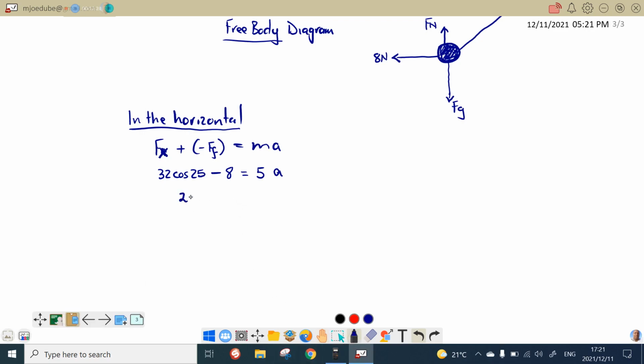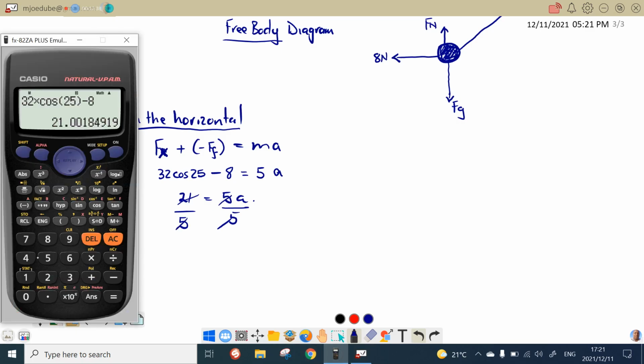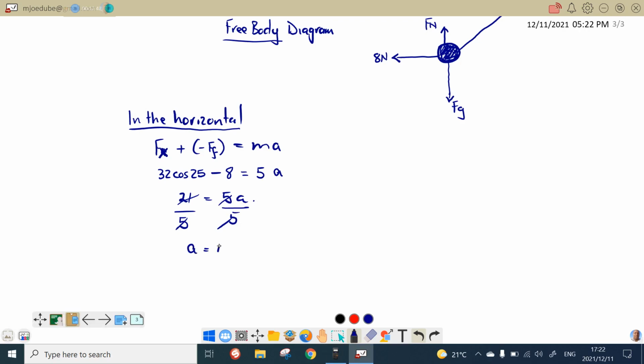So 21 is equal to 5a. Divide both sides by 5, and you are going to have your answer. It's divided by 5, and this gives you 4,2. So your acceleration is equal to 4,2 meters per second squared, and that is what you need.